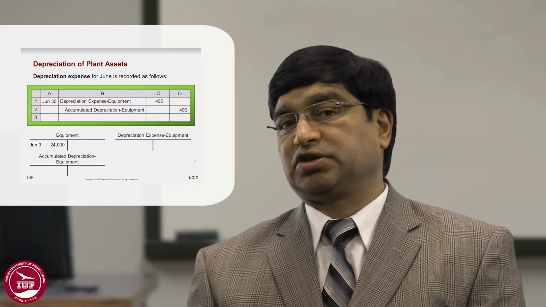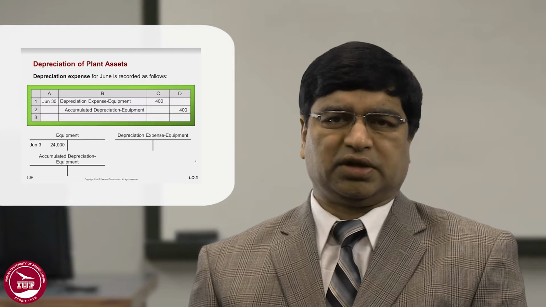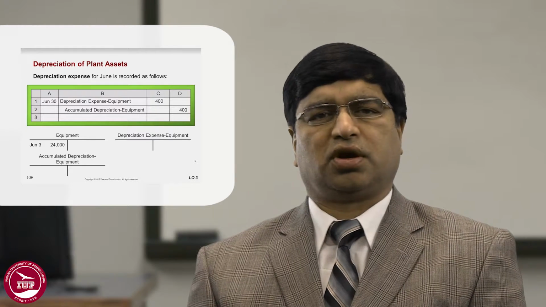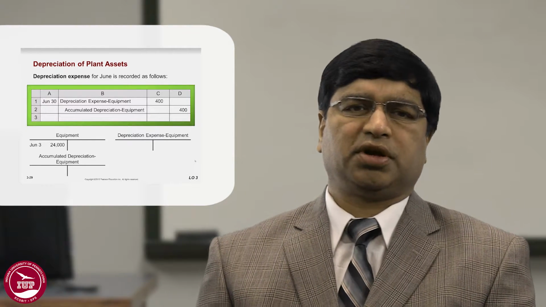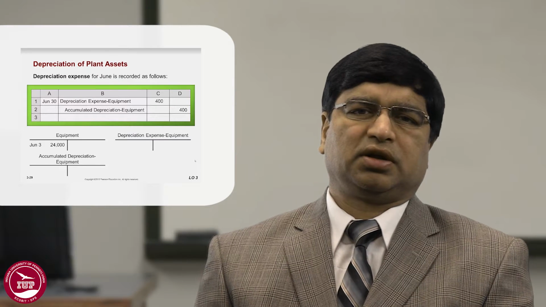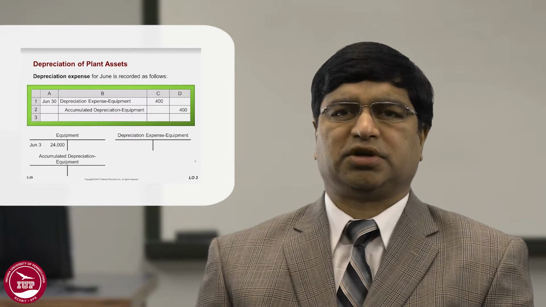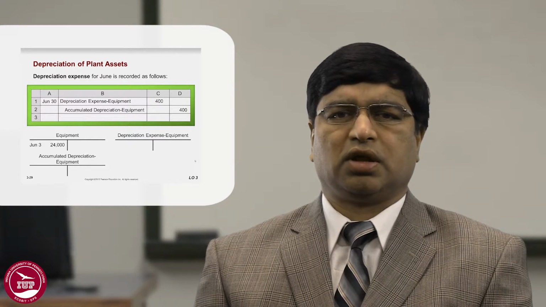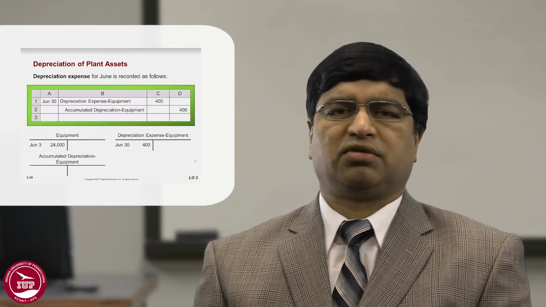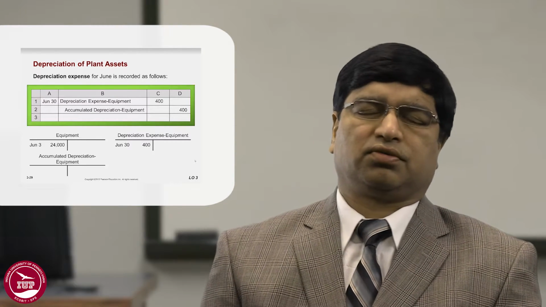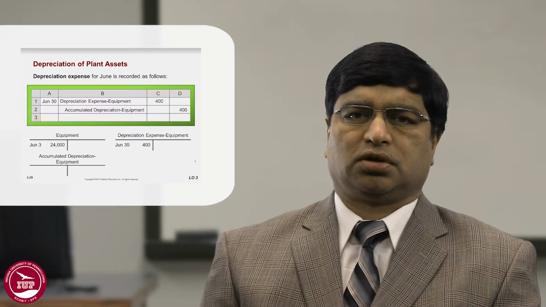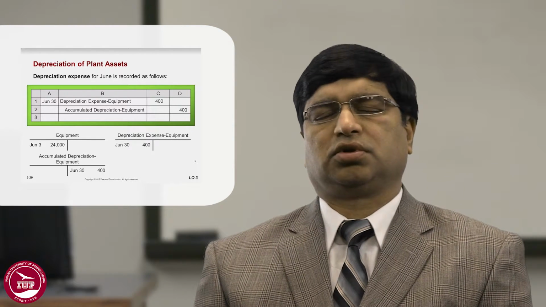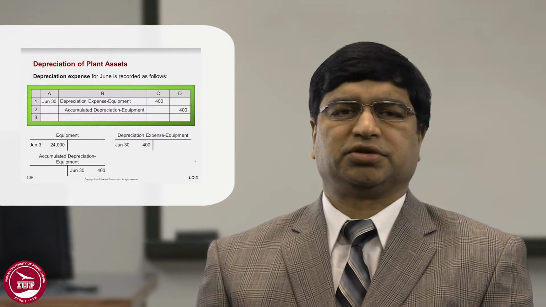That basically means it is opposite in nature to the asset. All your accumulated depreciation over the period will get accumulated in the accumulated depreciation account. So as far as the entry is concerned, you have depreciation expense to accumulated depreciation.